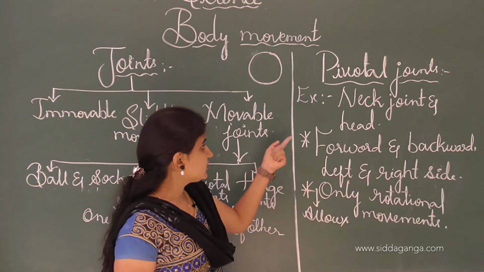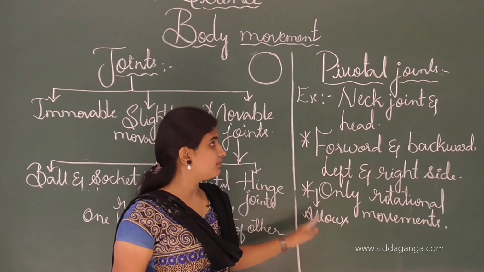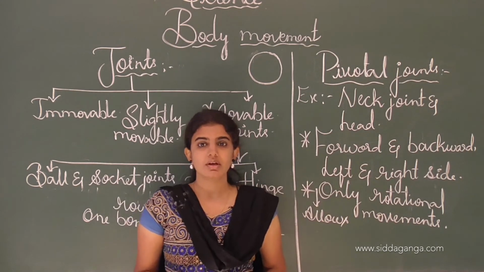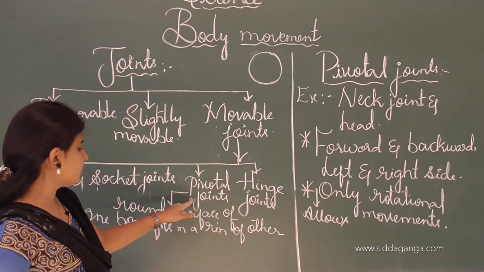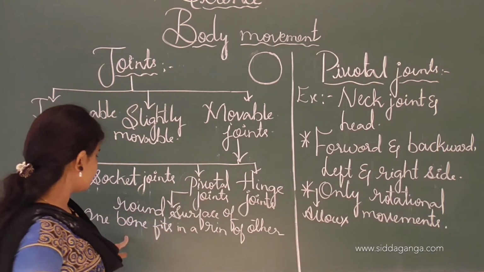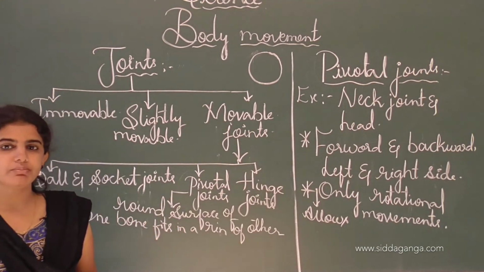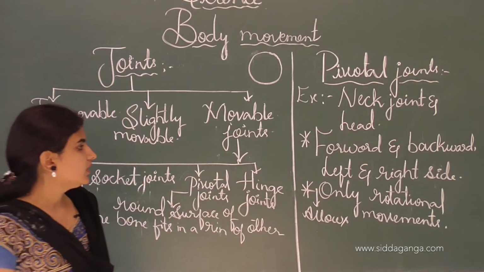Such types of joints are called pivotal joints, and these allow only rotational movements. See, rotational movements take place, and in pivotal joints a round surface of one bone fits into a ring of another bone.